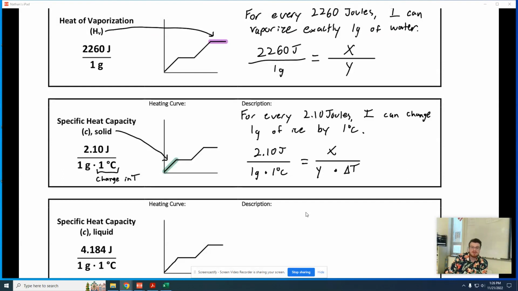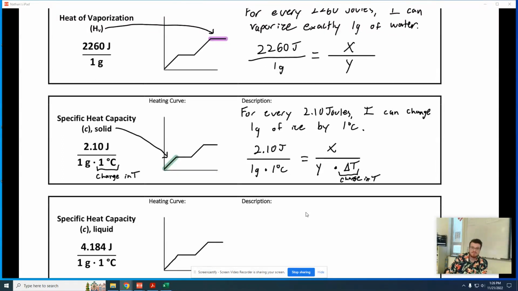When we write a change in temperature, we usually use the symbol delta, which looks like a triangle, to represent change, and the capital T represents temperature. So delta T is the change in temperature, and that's what we will use anytime we plug in here. This always, always, always has to be the change in temperature, not the starting temperature, not the final temperature. It is the difference between them.